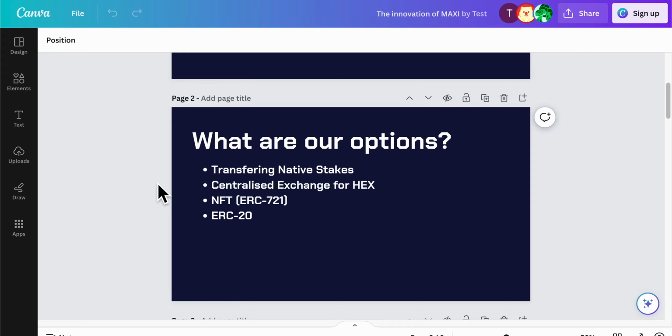Centralized exchange for HEX. So if there was some kind of a centralized entity like the Coast guys or whoever else, and you could start IOU stakes on their platform where you get a coupon for the stake.